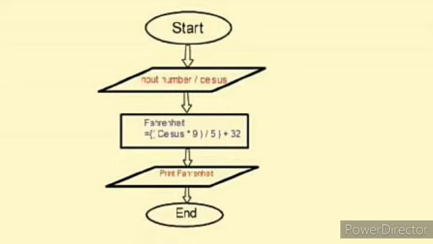After this processing we have to show our result, the value stored with the name Fahrenheit, and we are going to print it in the input output symbol. So next the flowchart is ended.